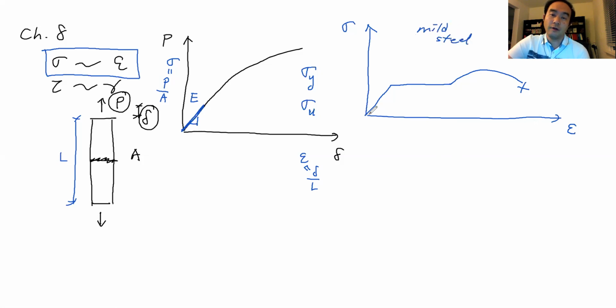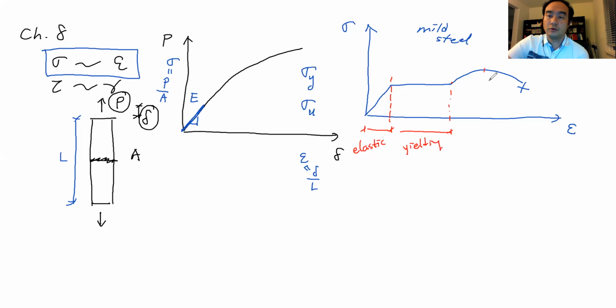Okay, so we have a very clear linear proportional elastic region, and this is yielding. So this is elastic, this is yielding.